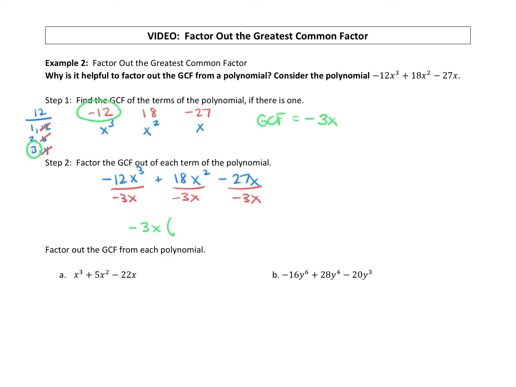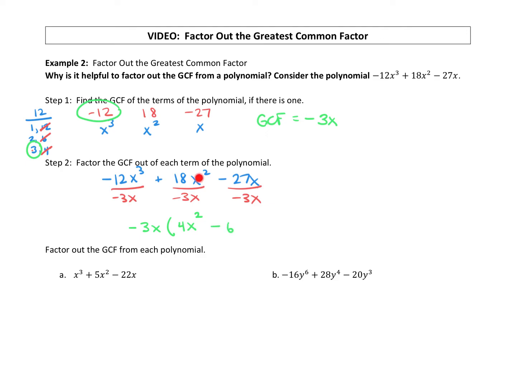So we have right here, negative 12 divided by negative 3 is a positive 4. X to the third divided by x. When you are dividing the same base, you can keep your base and subtract your exponents. We end up with x squared. Next we have an 18. We're going to factor out a negative 3, so divide it by negative 3, which is negative 6.